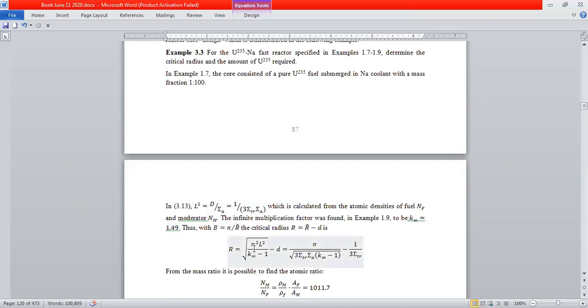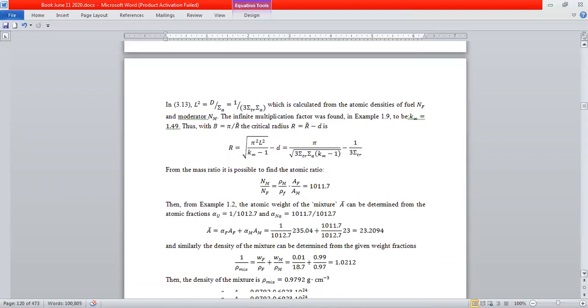Let's put these numbers here. Let's calculate the critical radius, which is going to be the extrapolated radius minus the extrapolation length. So R is the physical radius. This is how big it's going to be. When we calculate it, we get this expression.